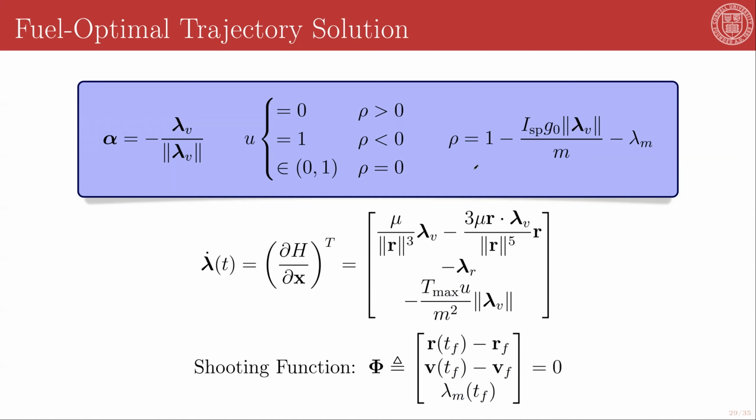We can now evaluate the Euler-Lagrange equations, which tell us that the time derivative of the costates will be the negative partial in the state of the Hamiltonian, which evaluates to this matrix here. Our boundary conditions are that the position and velocity have to match and that the mass costate has to go to 0 at the final time. We turn this into a root finding problem via the shooting function and numerically iterate until we find a solution.